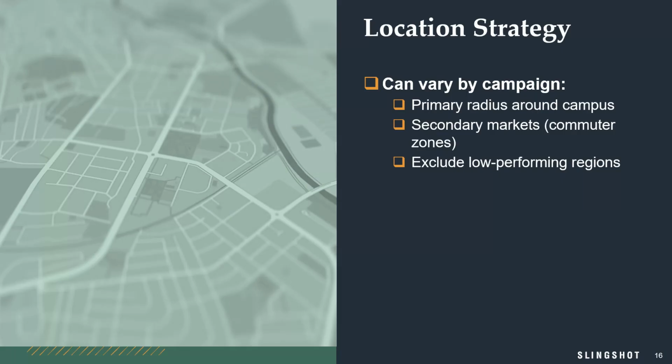You can get very hyper focused on this if you know that you get a ton of enrollments from this one area except for this one zip code. You can exclude that zip code and then you're no longer going to be wasting budget there, for whatever reason it is. You can get very detailed with that and exclude places that you're just not seeing performance. That is a huge save on your budget, and it helps improve your whole campaign overall.